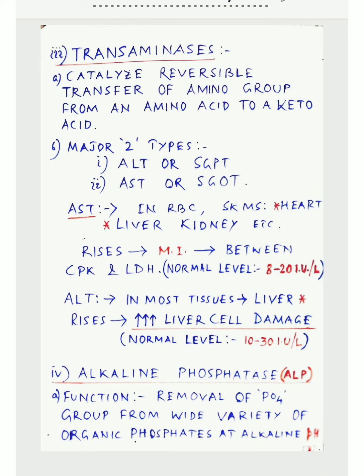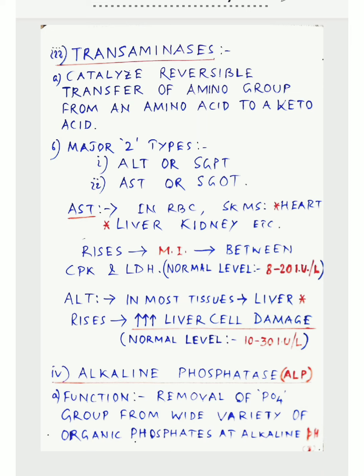It rises many folds in myocardial infarction and follows a time course between that of CPK and LDH, that is, it starts rising 12 to 24 hours after the onset of MI, reaches peak by 2.5 days and returns to normal by 4 to 5 days. Rise in MI is usually very high. Moderate rise is seen in liver diseases and hemolytic anemia.